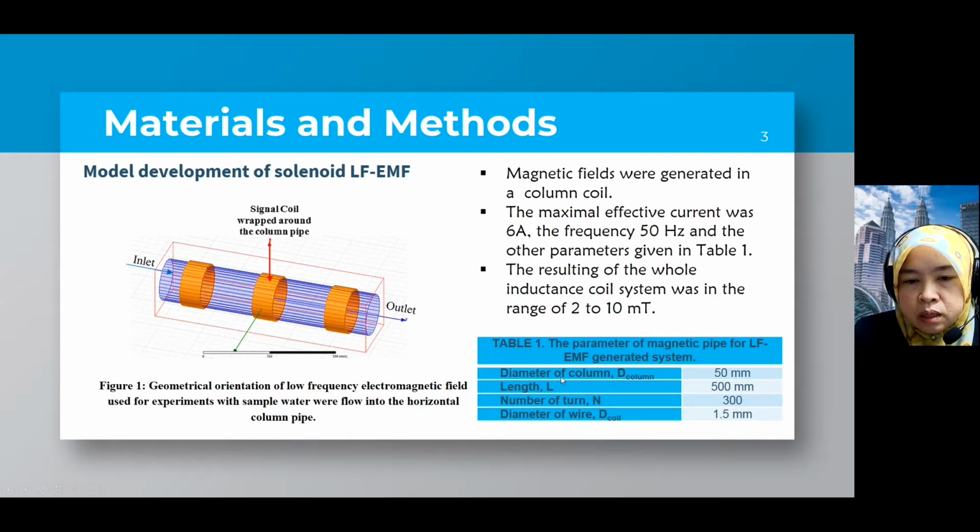The diameter used for the pipe column is 50 mm, the length is 500 mm, the number of turns of coil is 300 turns, and the diameter of the coil wire is 1.5 millimeter.